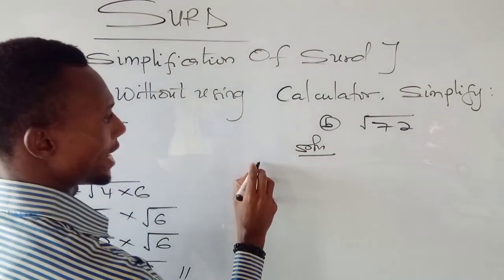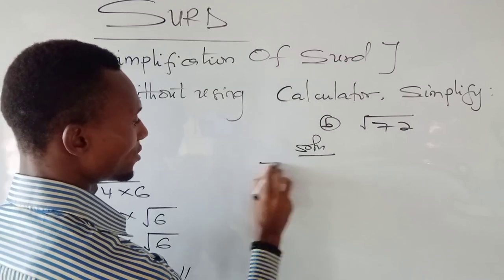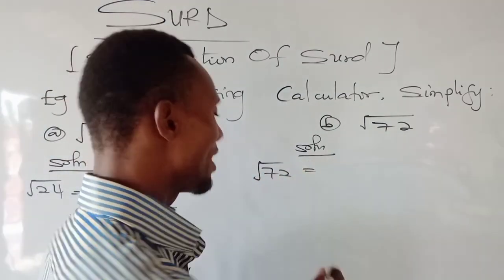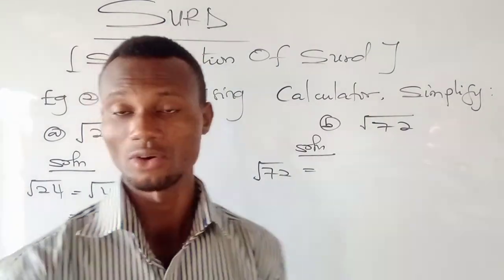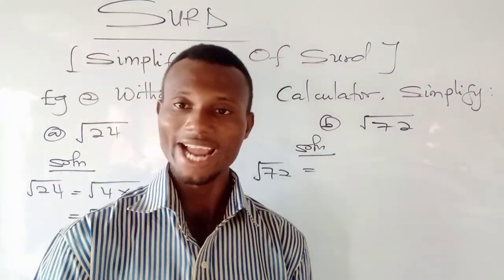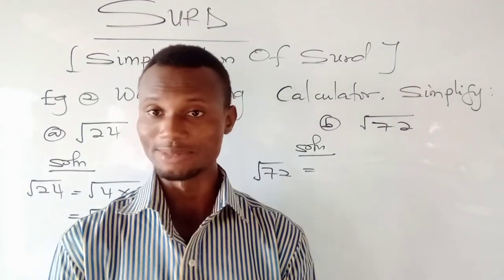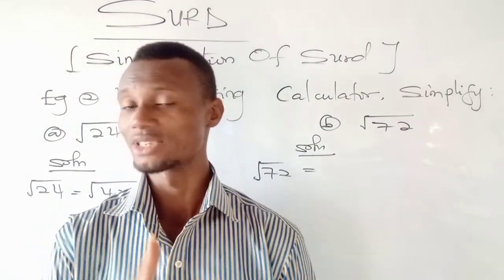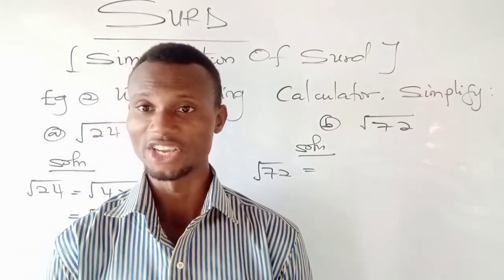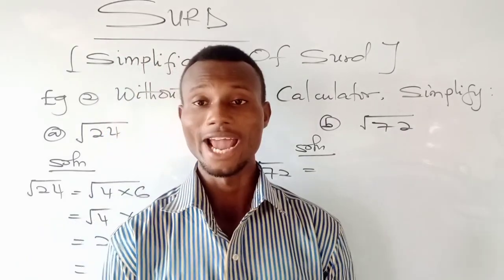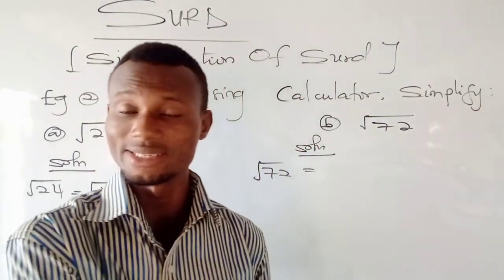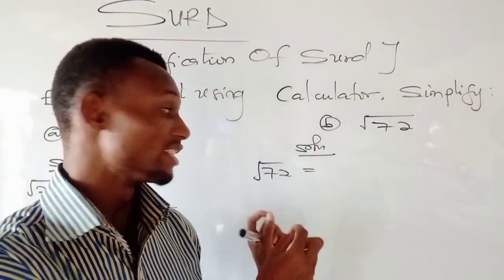So I have a square root of 72. Now those 2 numbers that come to mind will be 9 times 8. 9 times 8 gives 72. So 9 is a perfect square. Okay, so you can use 9 times 8. Please hope you agree with me. If you are struggling, just list all the possible 2 numbers that can multiply to give you the 72 down.